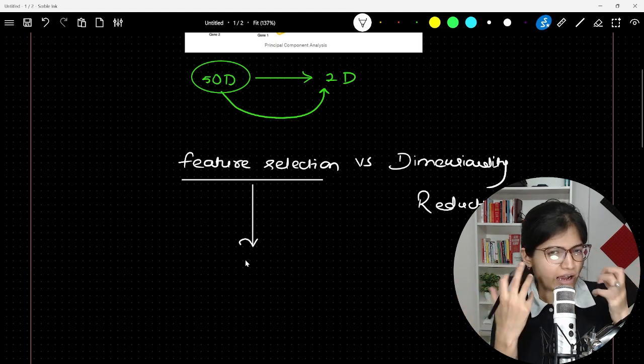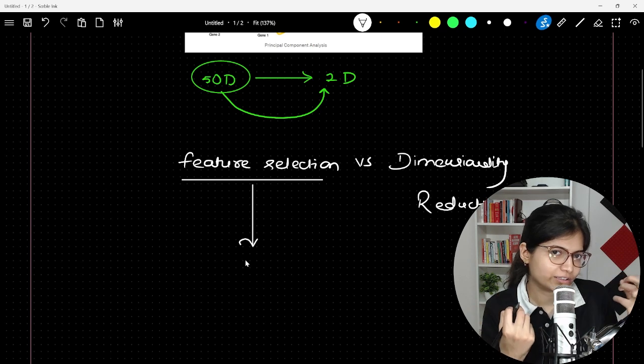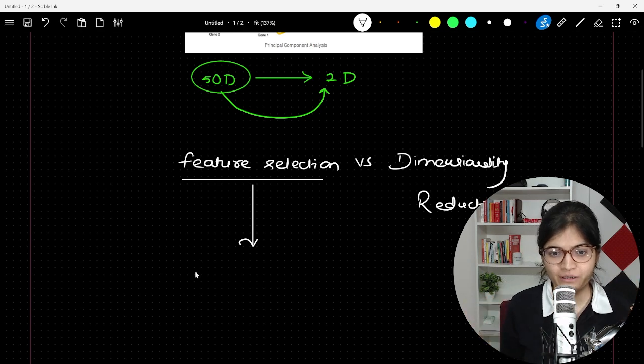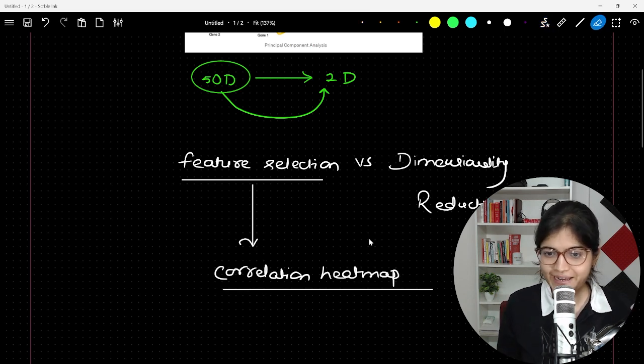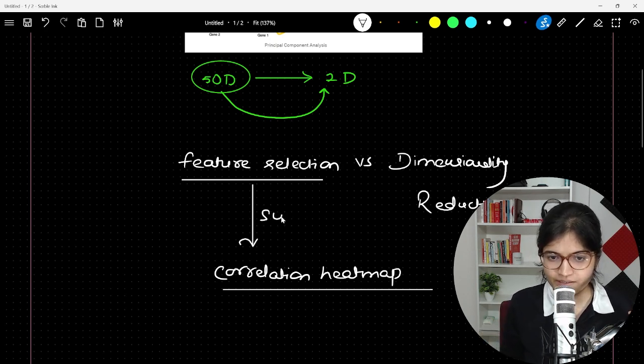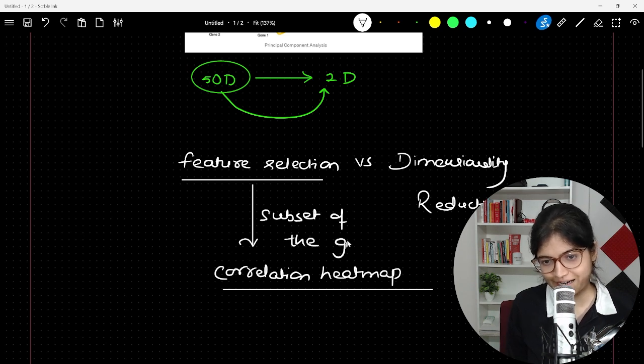Maybe we are trying to take out of them 50, 40, 30 by applying some techniques. For example, if you remember, the correlation heat map is one of the ways we have understood in our previous discussions, which helps me select the important features. So this is where we get a subset of the given features that we have.